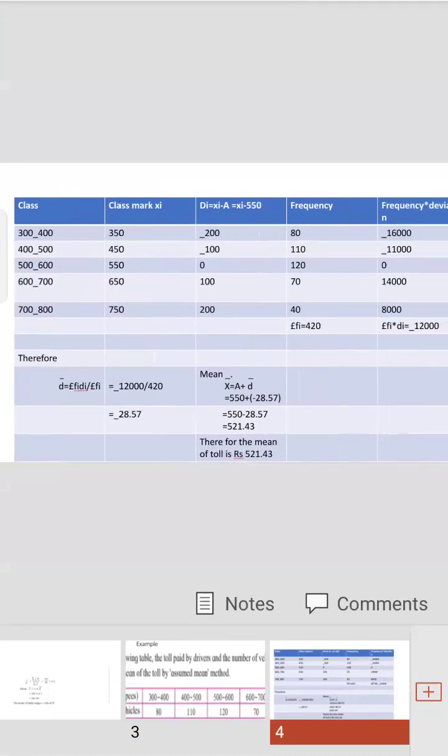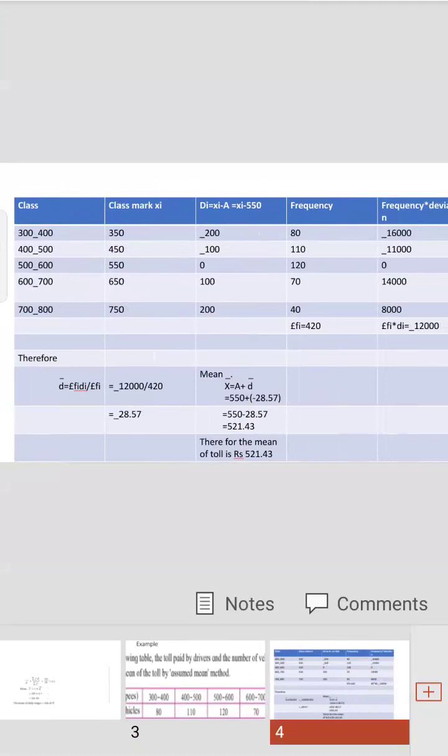In first class 300 to 400, the class mark is 350. In the last example we found how to find the class mark: upper limit plus lower limit divided by 2, so 400 plus 300 is 700, divided by 2, therefore the class mark of the first class is 350.